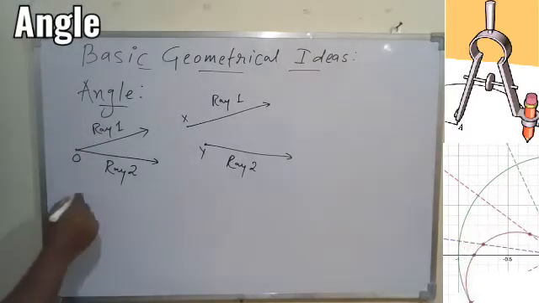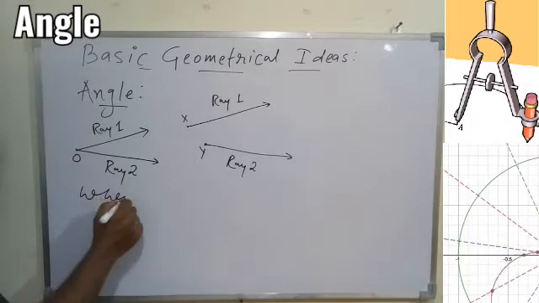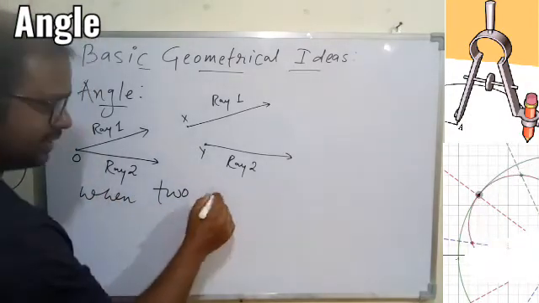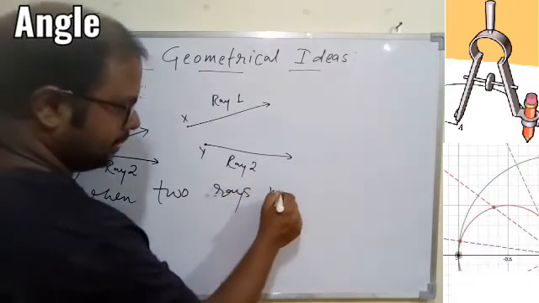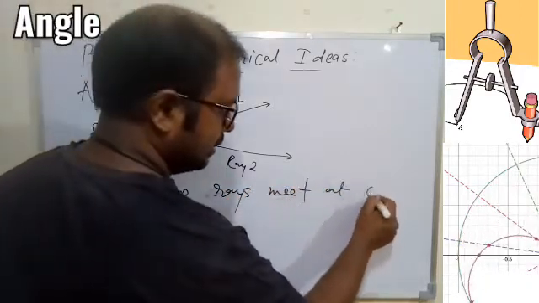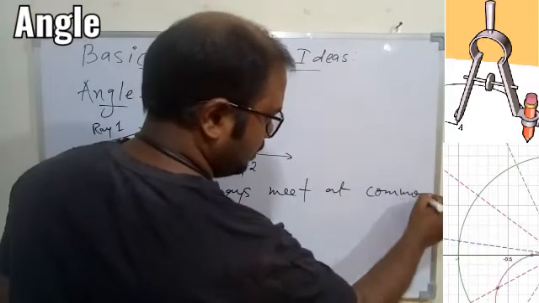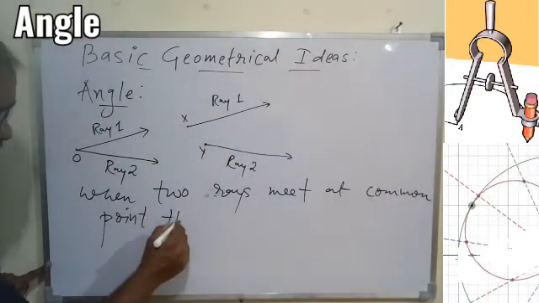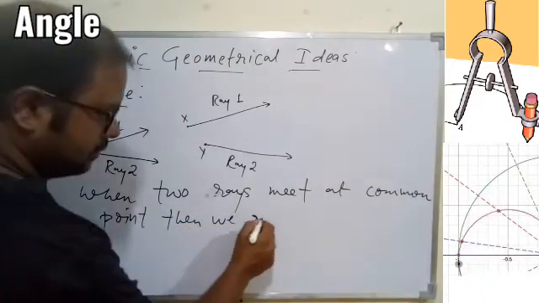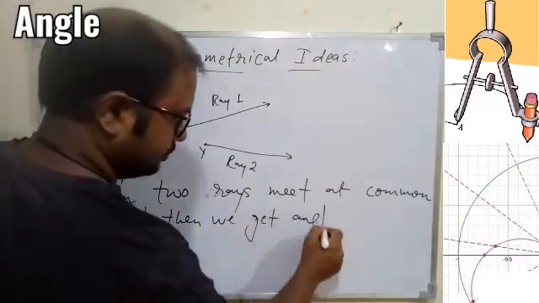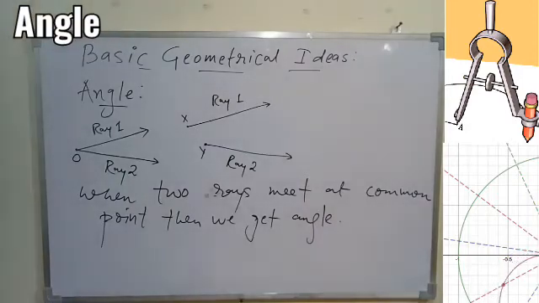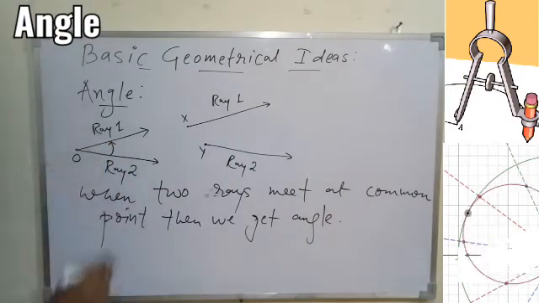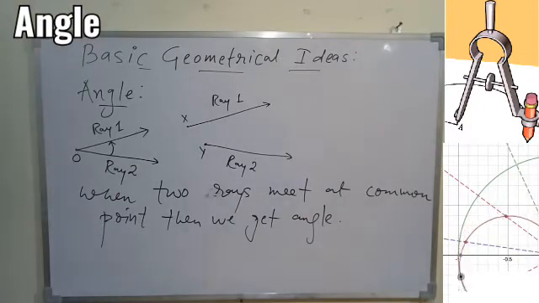So we can say that when two rays meet at a common point, then we get an angle.